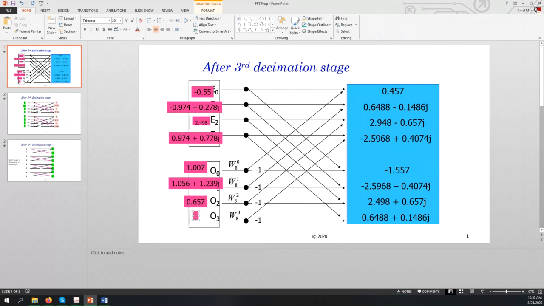And this one here would be 1.056 minus 1.239 j. Alright, so in solving for these, what you're going to notice is that you're going to have some sort of level symmetry as you keep on going. So these DC values that you obtain are going to be unique while you're solving for them.